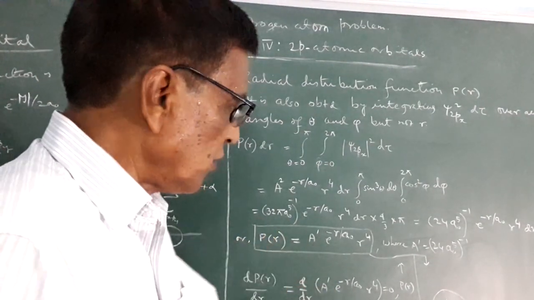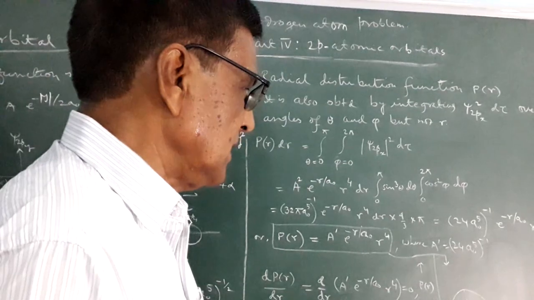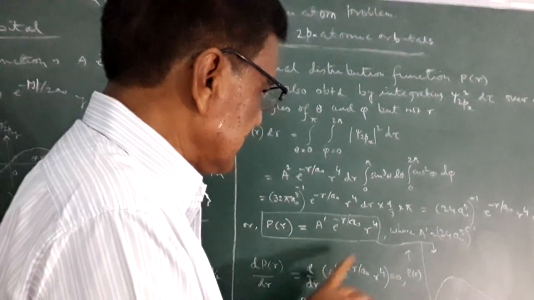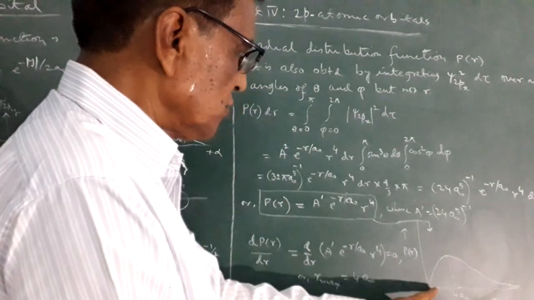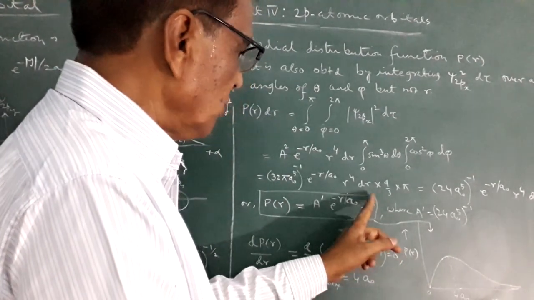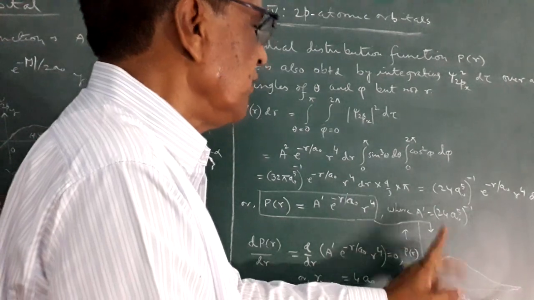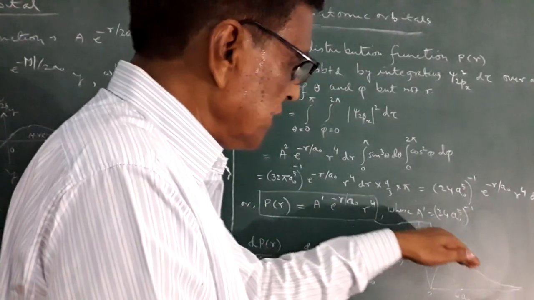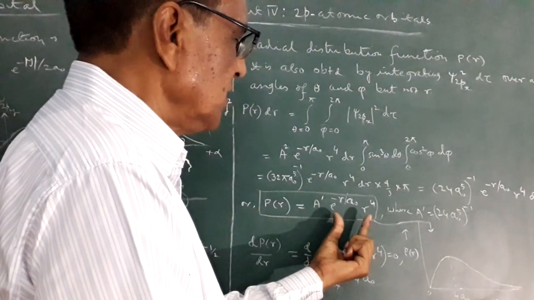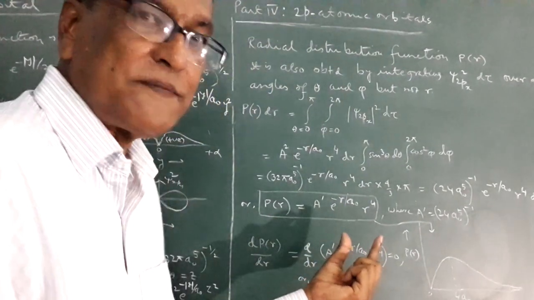When P(r) is plotted against r, it starts from the origin, r equal to 0, so P(r) is also equal to 0. Here, because of r to the power 4, P(r) rises very steeply, very rapidly, and attains a maximum and then decreases, as it is also a Gaussian distribution function.